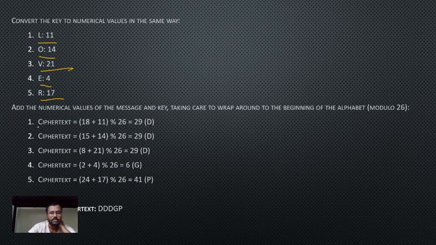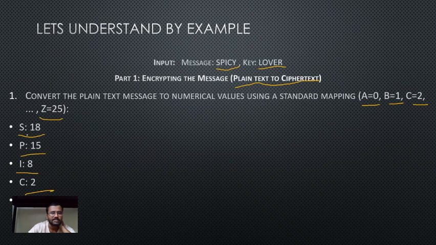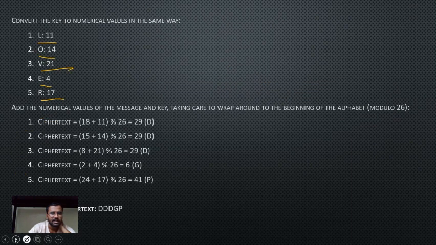Encryption means we are going to find the ciphertext. To find the ciphertext, we add the message value with the key value. The first letter of the message is S, considered as 18, and it is added with the first letter of the key, which is 11. We add 18 with 11 and get the value 29.